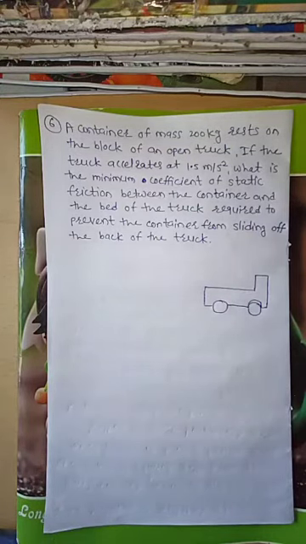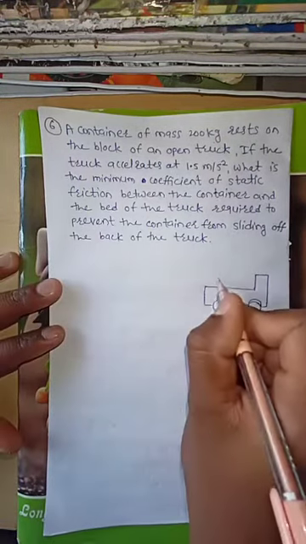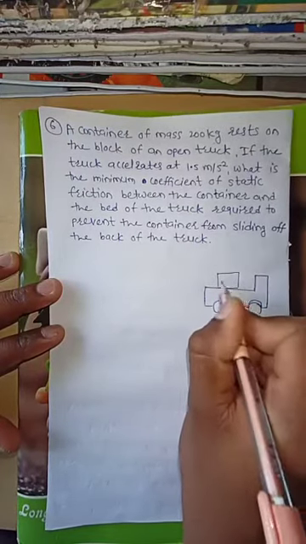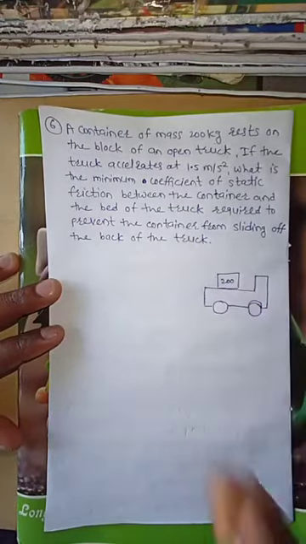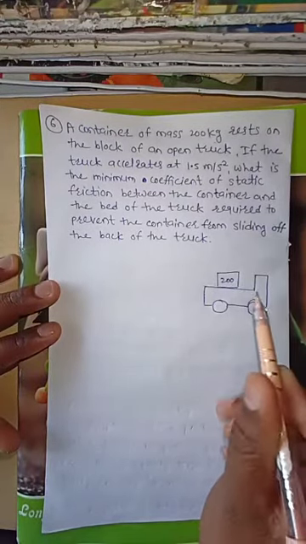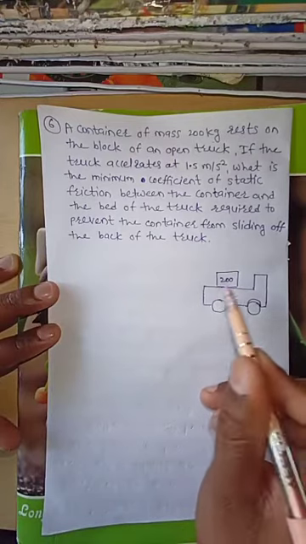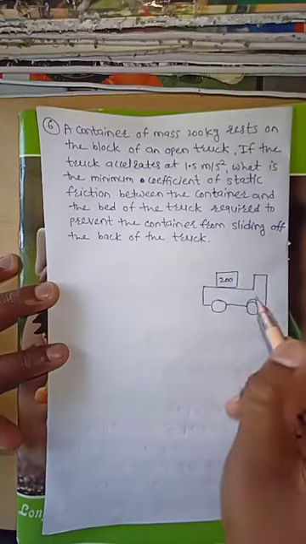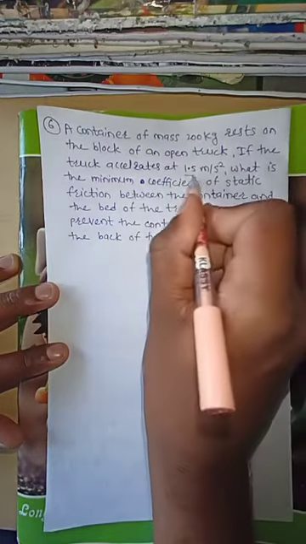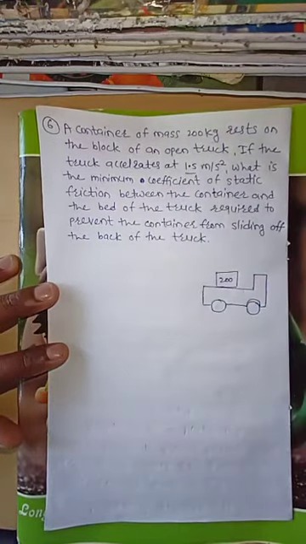First, understand the question. One container having a mass 200 kg is put on an open truck. This is the truck. On the open truck, one block is put and the truck accelerates at 1.5 meter per second square.